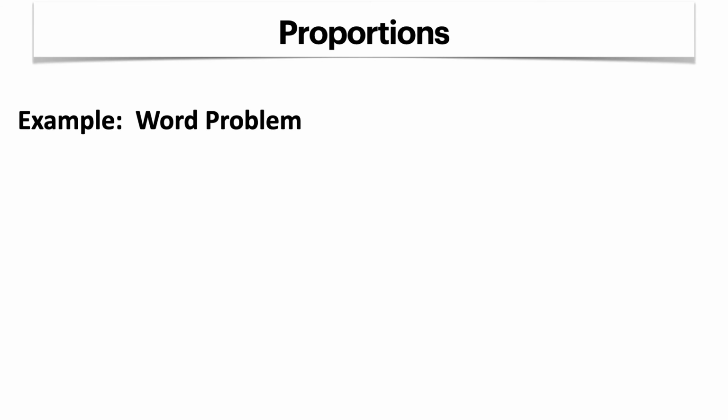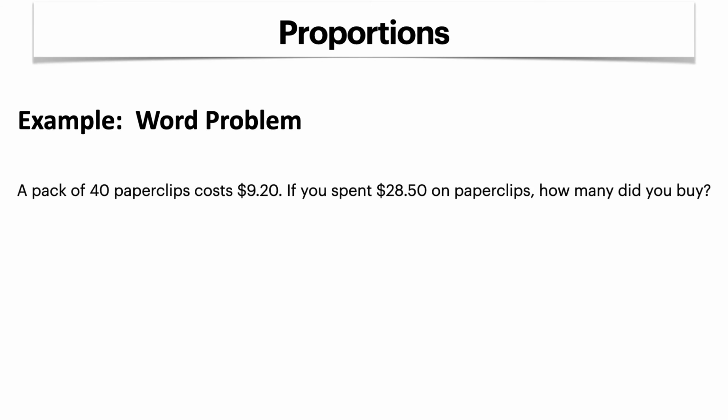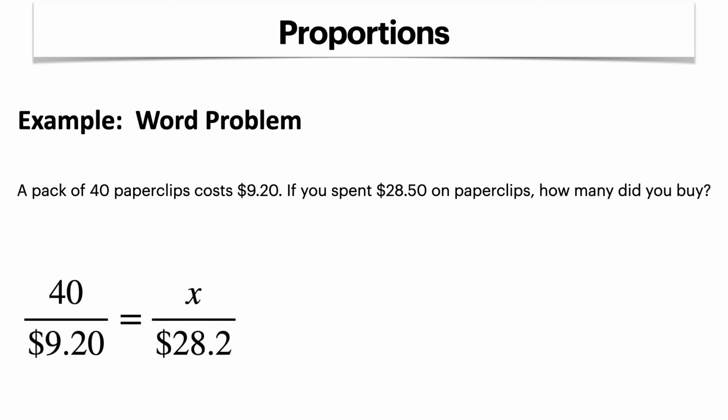Let's look at a word example, how this might apply to real life. A pack of 40 paper clips costs $9.20. If you spent $28.20 on paper clips, how many did you buy? I'm going to set up the proportion now. For every 40, it costs 9.20. We have an unknown amount of paper clips at $28.20.